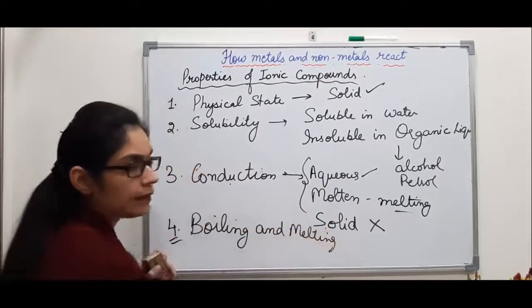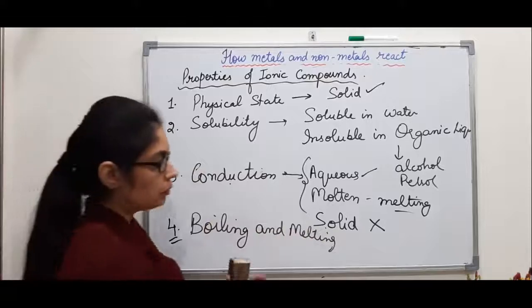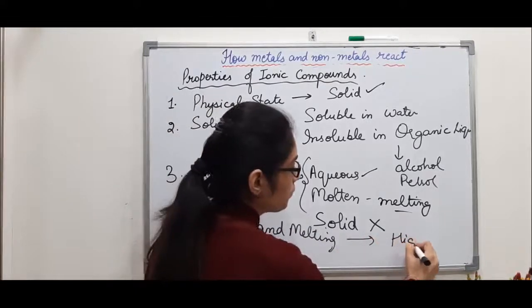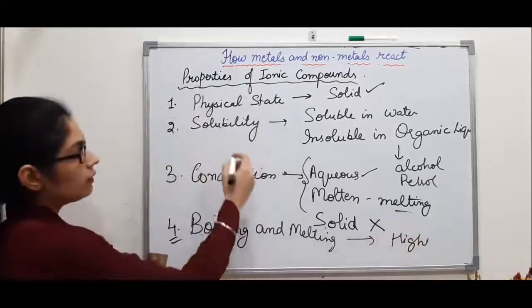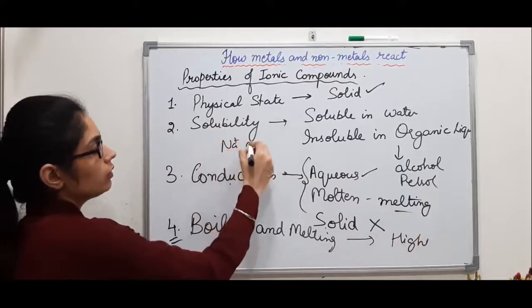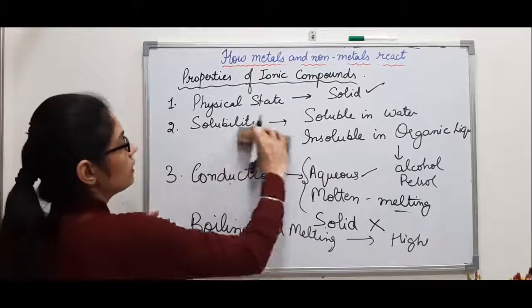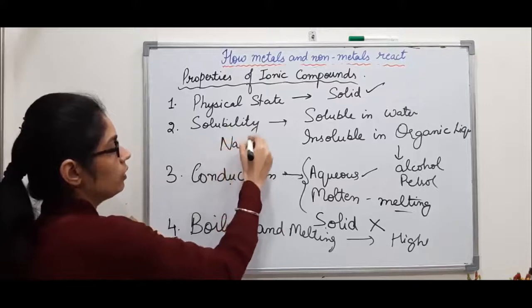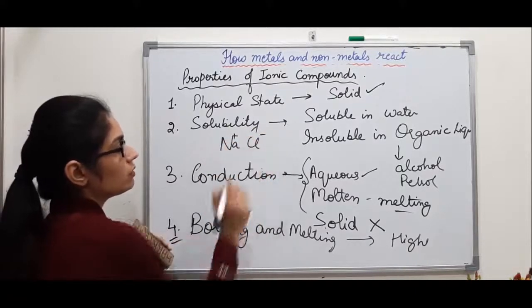Now melting and boiling point. Boiling and melting points of ionic compounds are generally high because the ions are strongly attracted to each other. Again, let's take the example of sodium chloride. Sodium has a positive charge, chlorine has a negative charge.